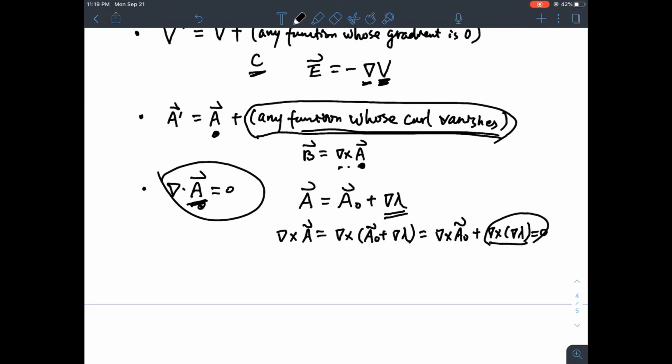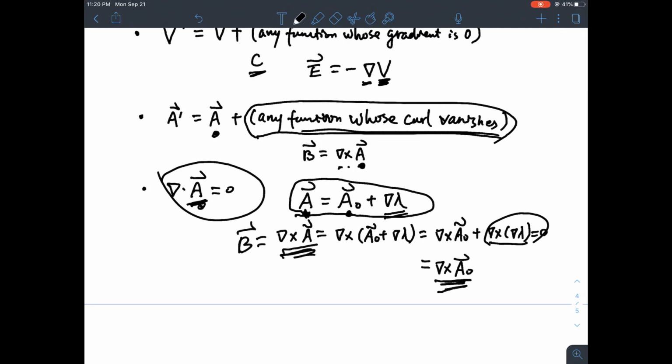That means del cross A equals del cross A0. So A and A0 will give us the same magnetic field, because B is just del cross A, and both give the same magnetic field.